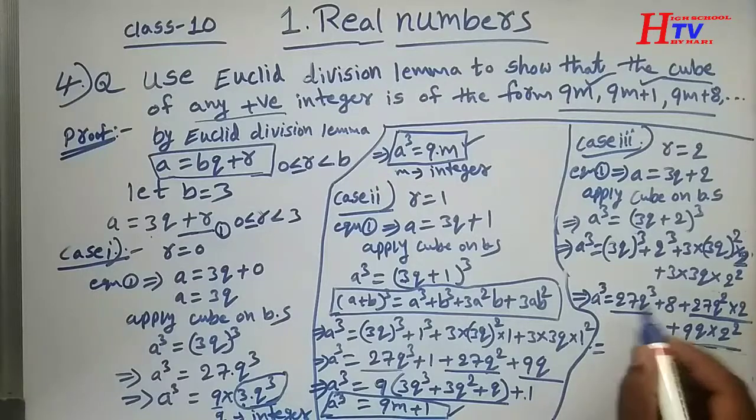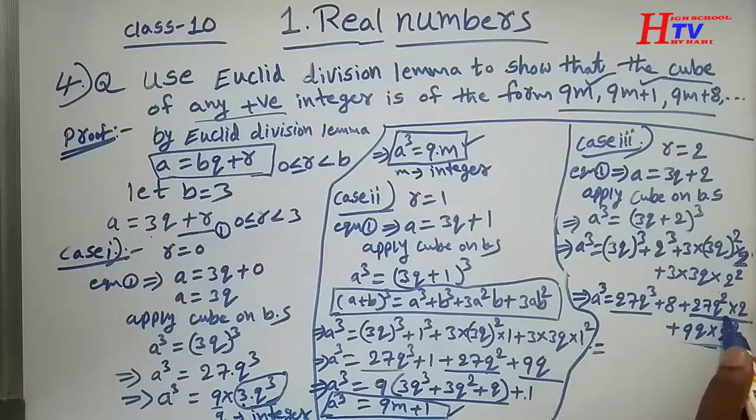That implies 27 q cube, 27 q square into 2, 9q into 2 square. From this 9 is common, write it outside the bracket.